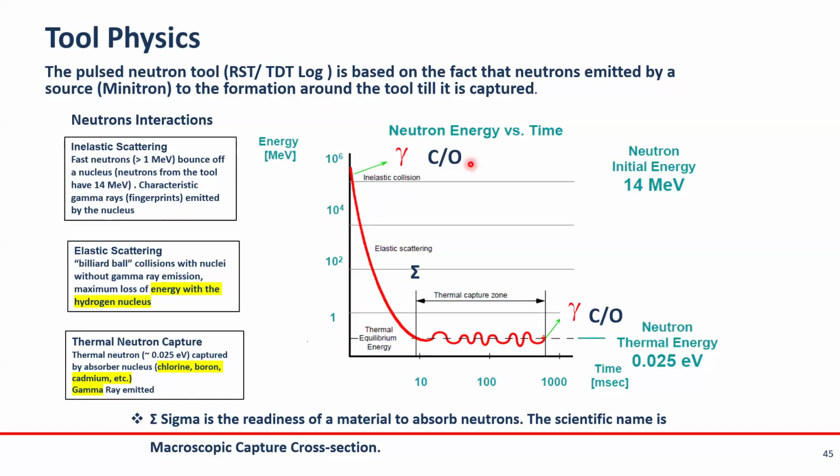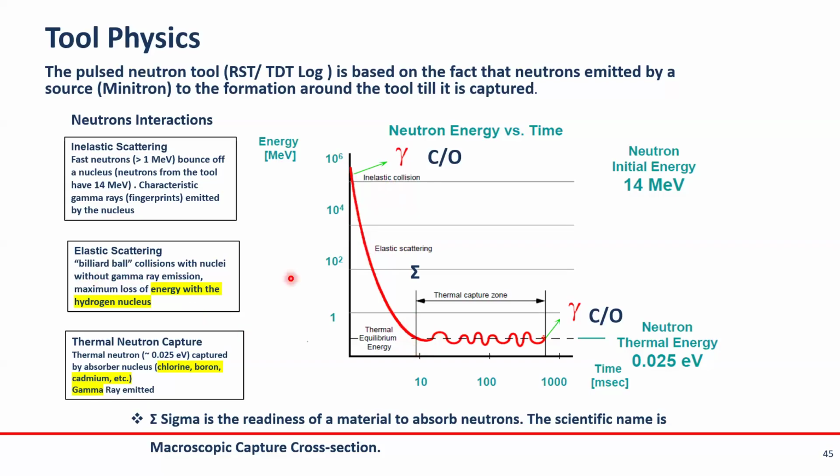Each element in the formation has a peak in this gamma ray spectrum, like what is used in ECS geochemical tools. Then elastic scattering: after that, the neutron loses a lot of energy until it goes to the thermal level.